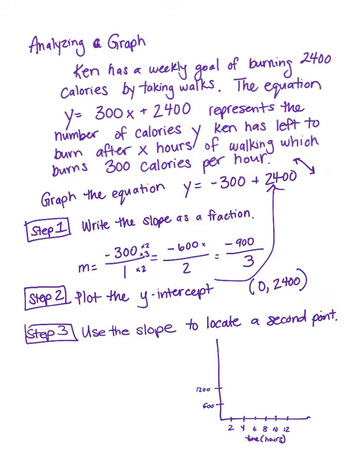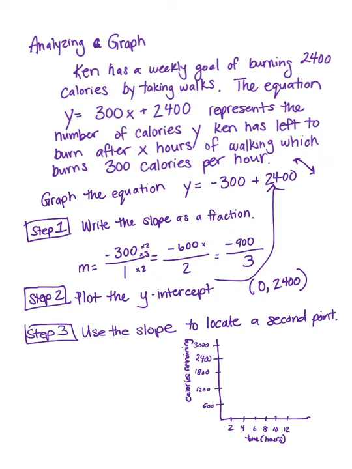Add 600 more, makes it 1,800. 2,400. And 3,000. Okay, and these are my calories remaining. I can't write sideways. Calories remaining.